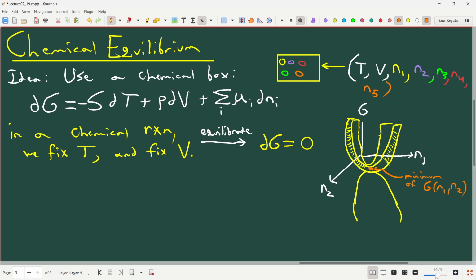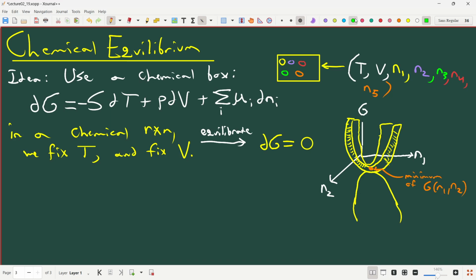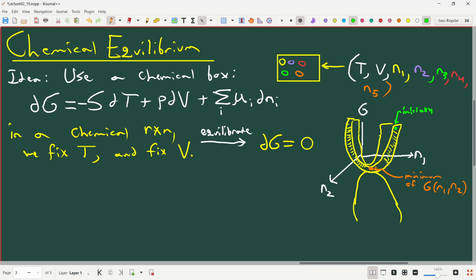And the system's going to sit there. So imagine that we start to sprinkle in some other value of N1 and N2. Maybe we start up here, with a lot of N1 and not a lot of N2. So we sprinkle initially up here, some mixture of N1 and N2. What's going to happen is the system is going to equilibrate. N1 and N2 are going to interconvert or exchange, whatever they're going to do to lower the energy.